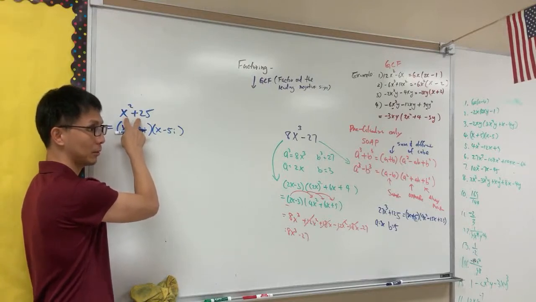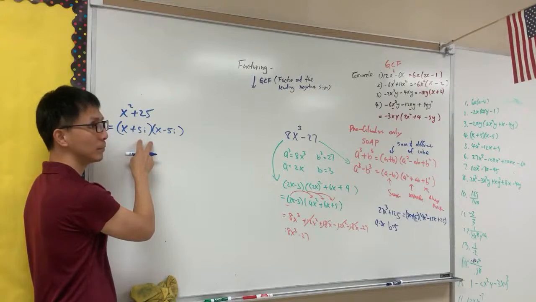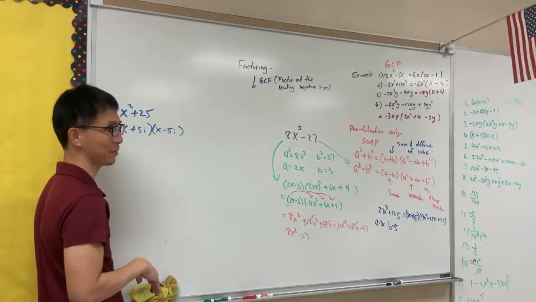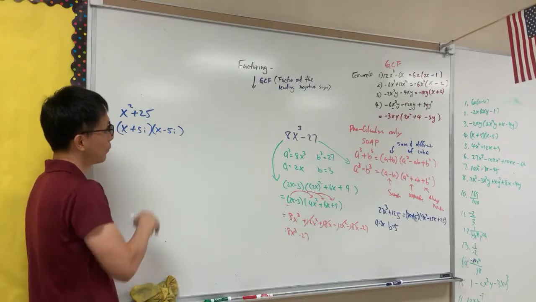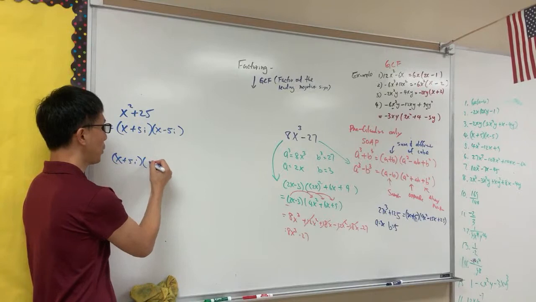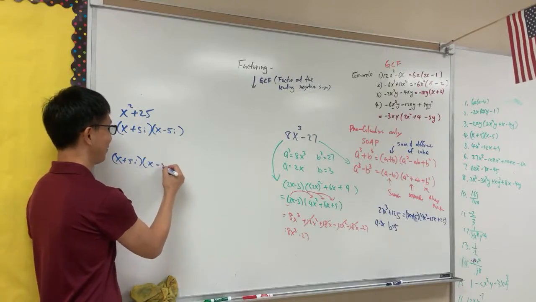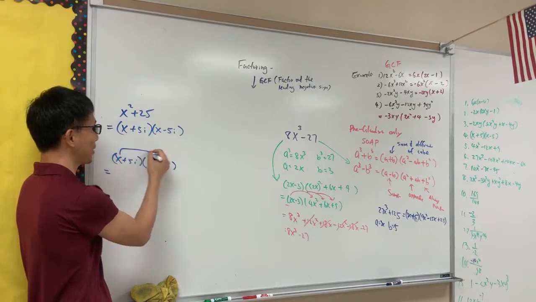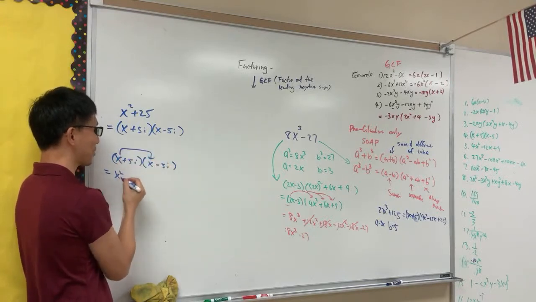Why isn't it just x plus 5 times x minus 5, without the i? Because that would be x squared minus 25. If you don't believe me, you can FOIL it out. You should not trust me, because I could be lying to you. x times x is x squared, right?